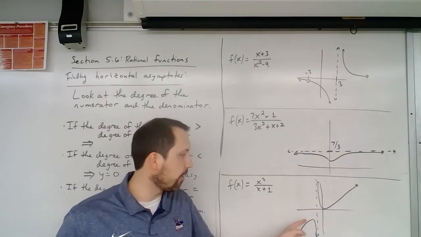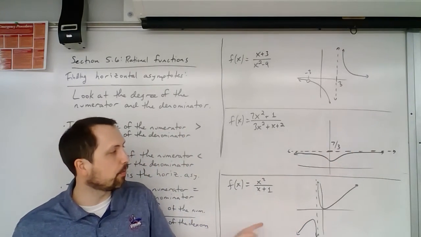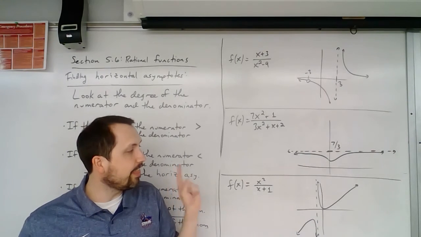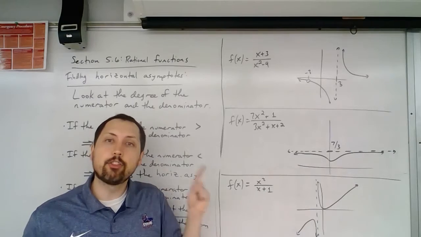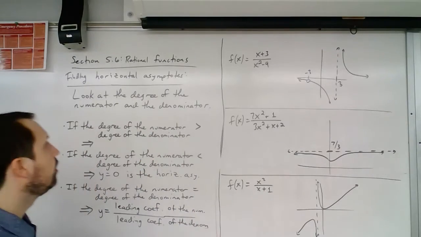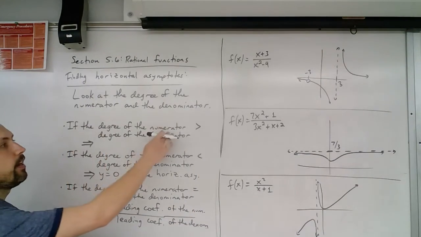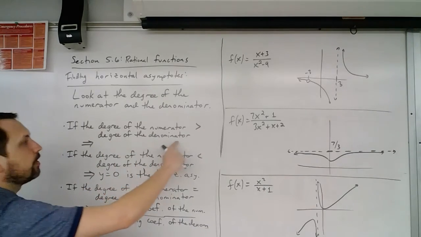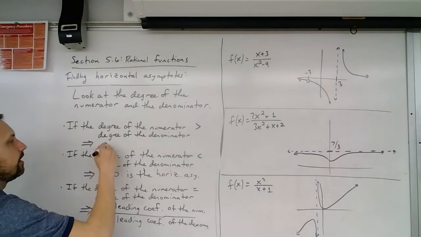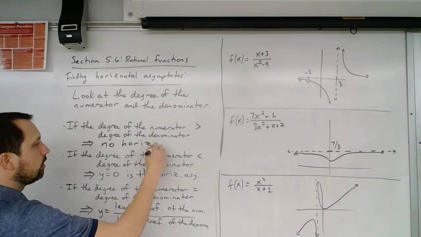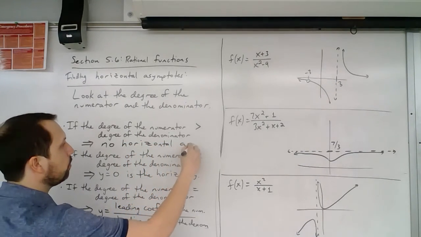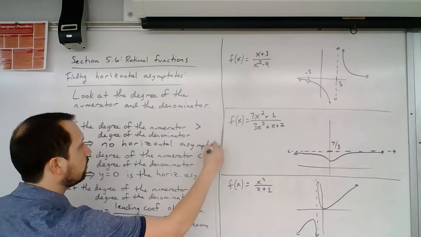Same thing in this direction, our function is going to keep going down and down. So in this instance, we're not approaching a finite number, so there is no horizontal asymptote. So in this case, if the degree of the numerator is larger than the degree of the denominator, this says that there is no horizontal asymptote.